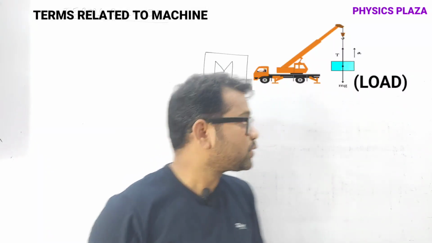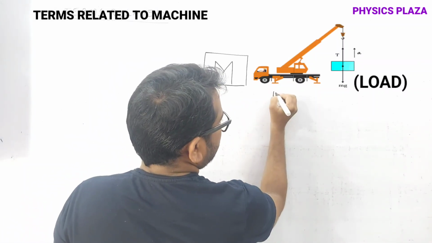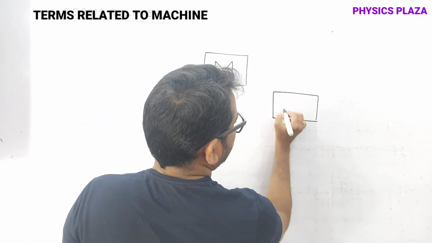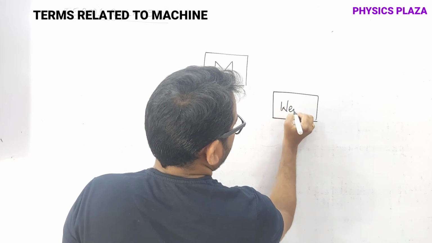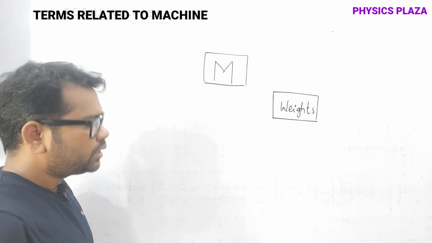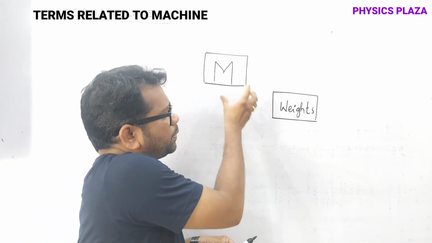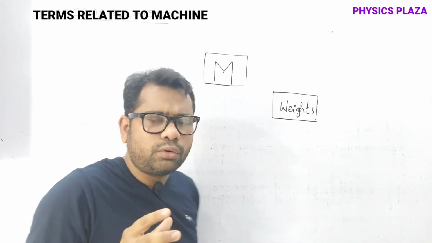Is that clear? Fine. So let us say it's the electric crane. Somewhere here some heavy weights will be there. In order to make the machine lift this, what do we have to do?